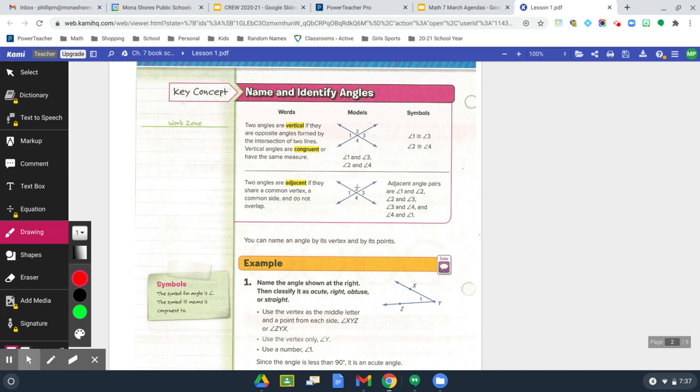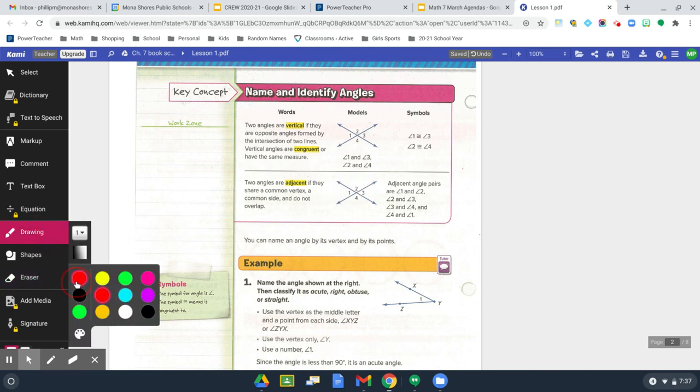They're right next door to each other. They share a common vertex, which is right in the middle there, even though you don't see that vertex point. And they share a common side, this ray, and they don't overlap. So 1 and 2 absolutely are considered adjacent angles.